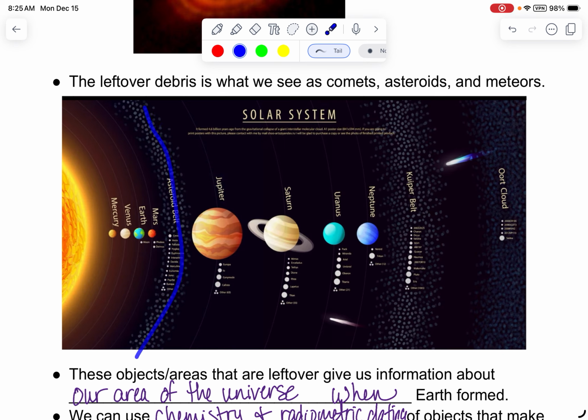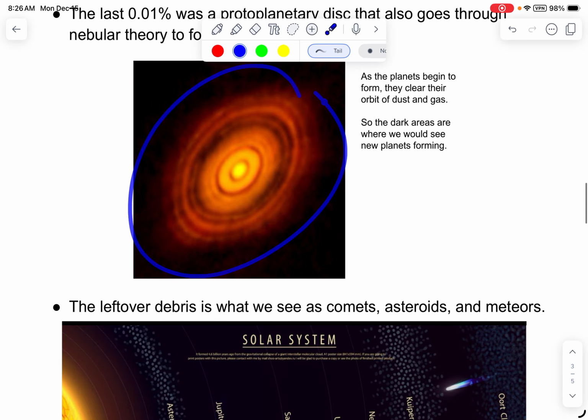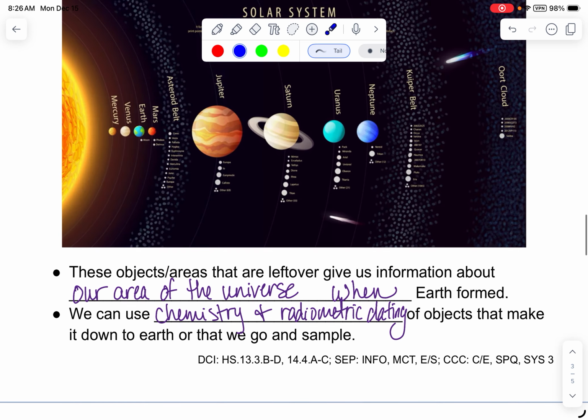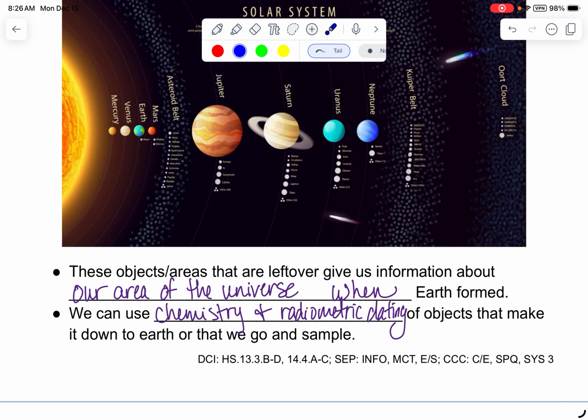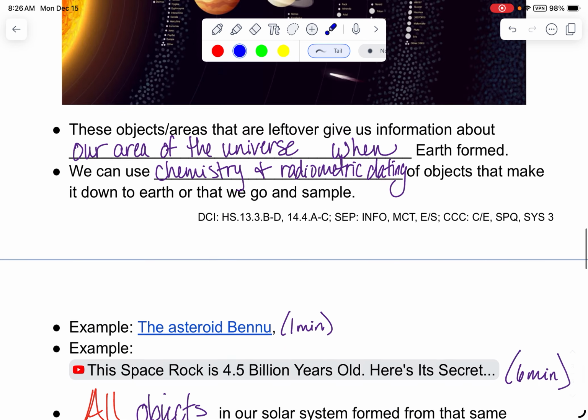So it's these areas that we're interested in when we think about how old all of these planets are. They all formed at the same time from the same planetary disk. And so these objects that we get from these areas of leftover space crumbs, we can use chemistry and radiometric dating to see how old those are.